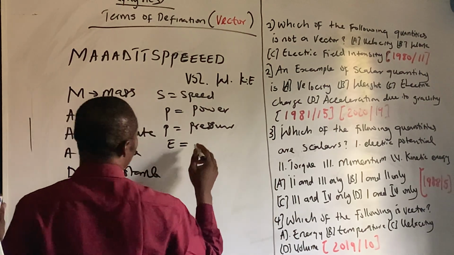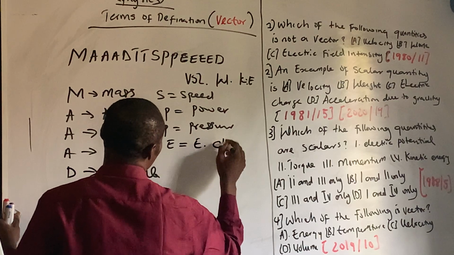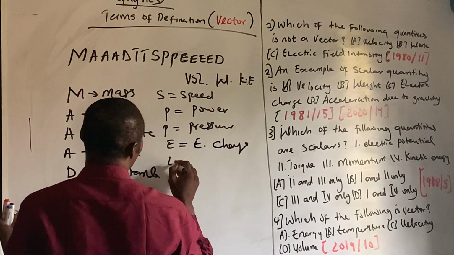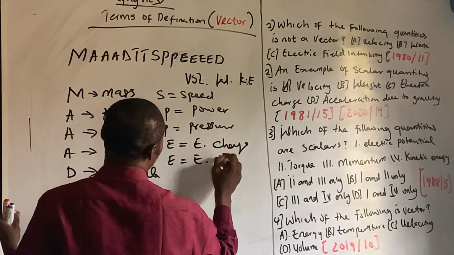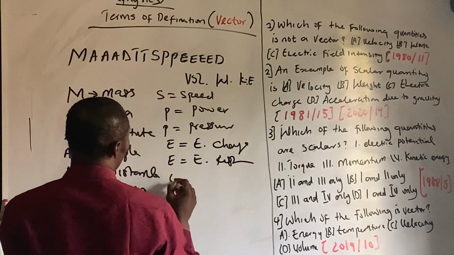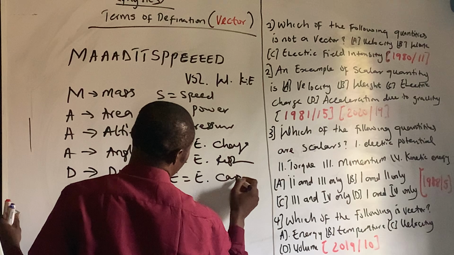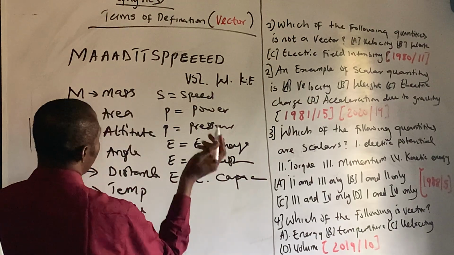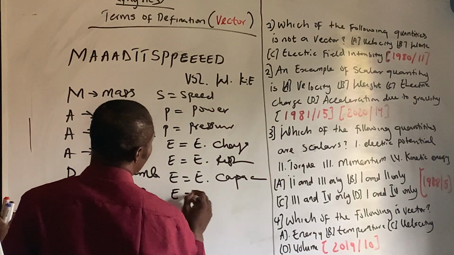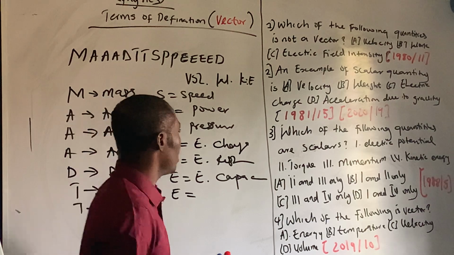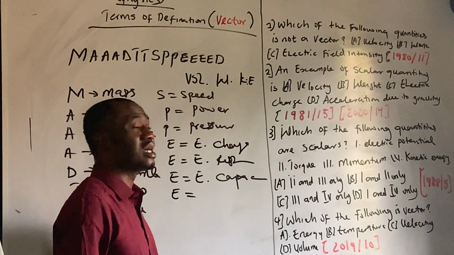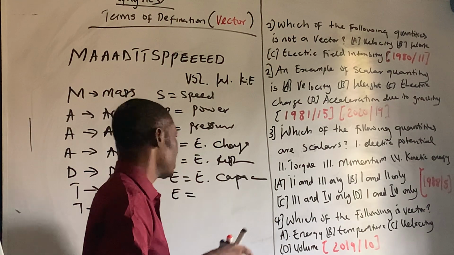So we have the electric charge, the electric resistance, the electric capacitance, and stuff like that.